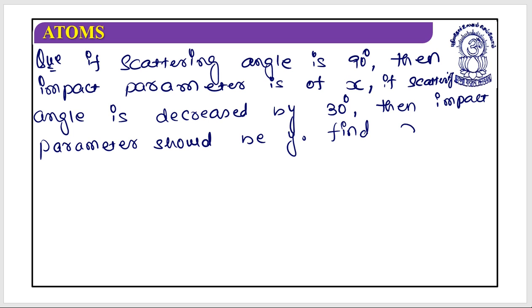Find the ratio of x to y. This is the requirement. How will I do this?